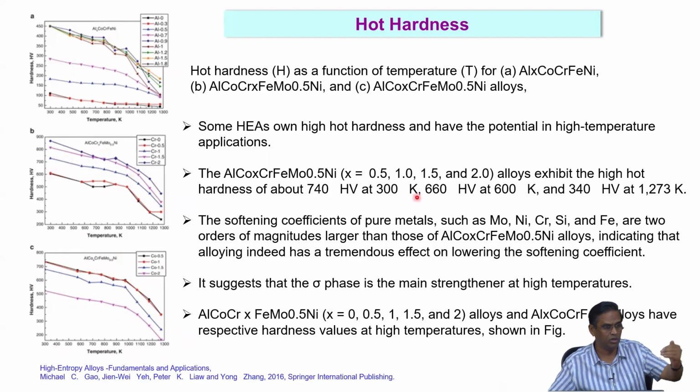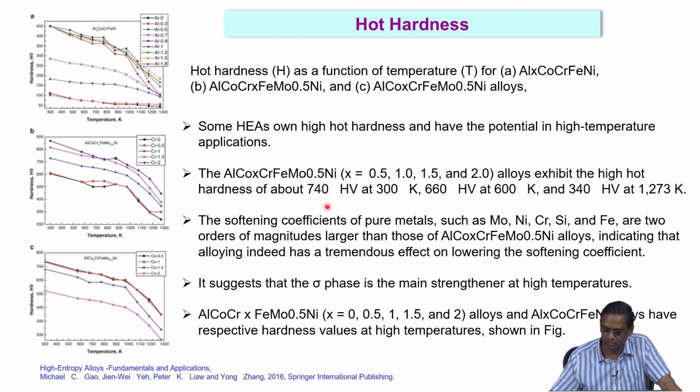It is a gradual change. If you look at the numbers, it is quite impressive. You start from 740 and go to 340 HV, with temperature ranging from 300 Kelvin to 1200 Kelvin.